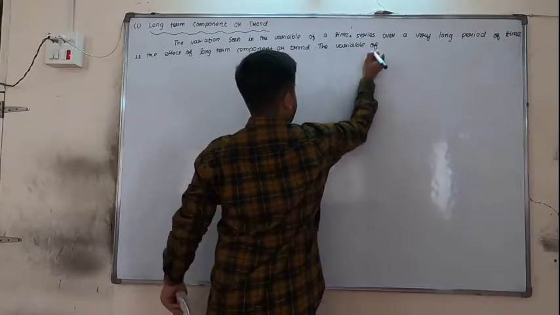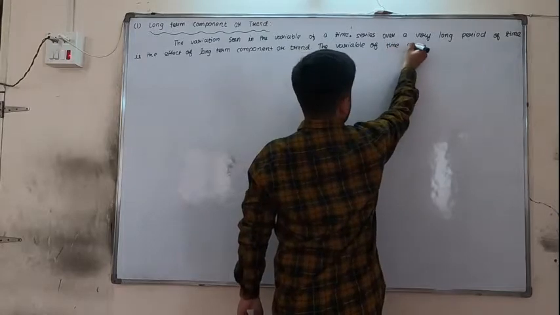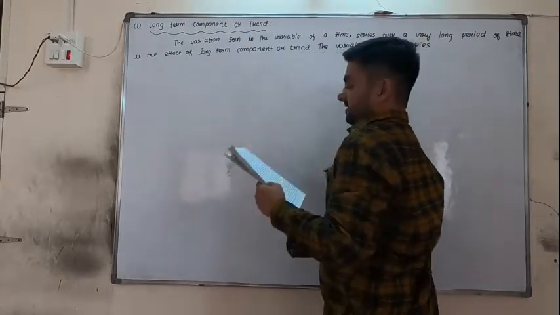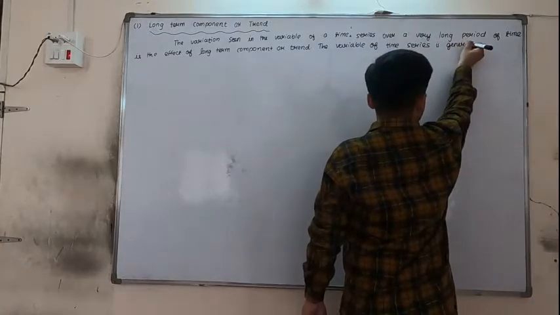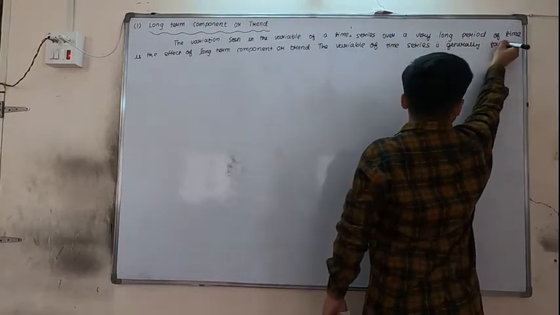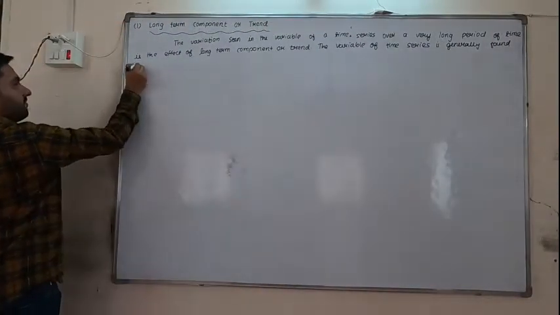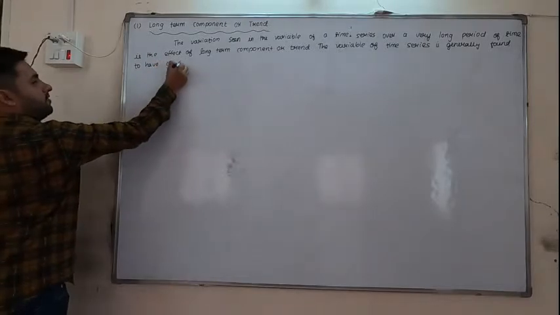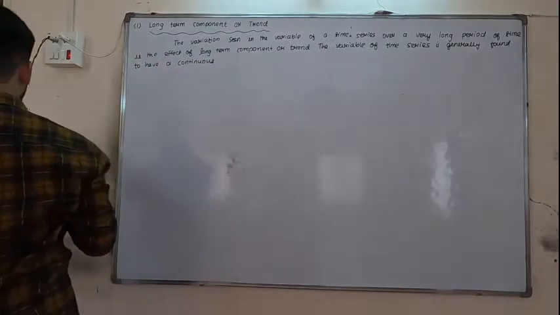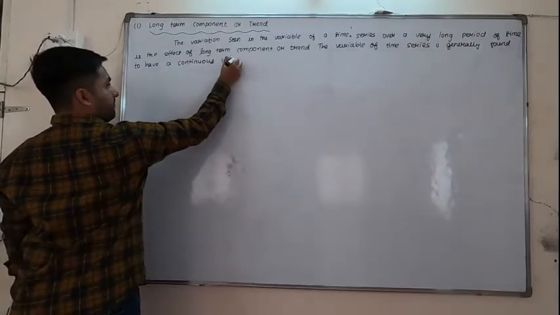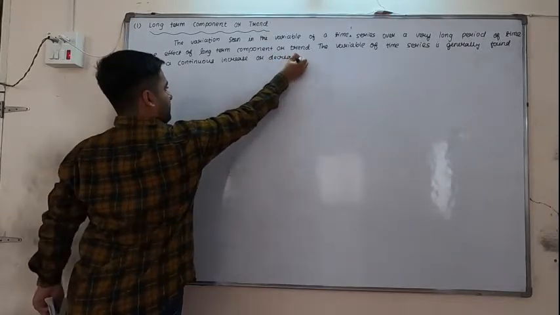The variable of a time series is generally found to have a continuous increase or decrease.